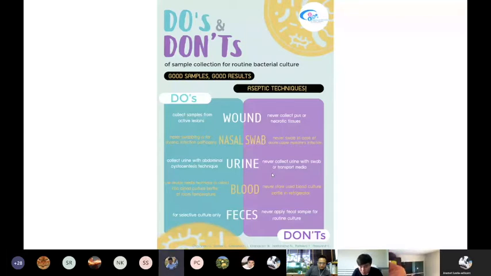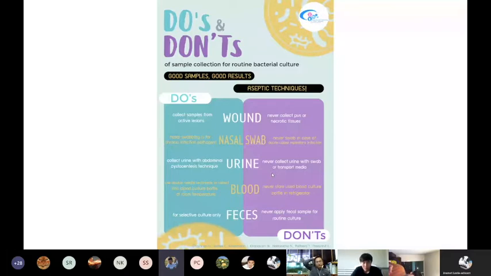And the next question is from Anasada, Group 2. Can we use a urine sample that has blood, like hematuria, for routine urine culture? As I said, we just want to rule out whether the blood is from a mistake in the technique, or is it real hematuria, or is it hemoglobinuria?